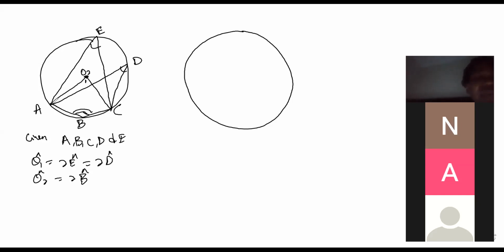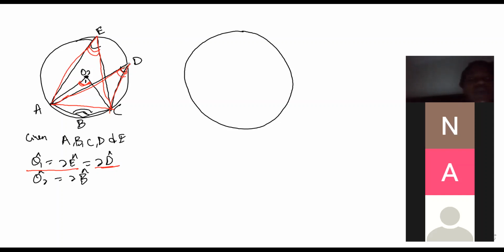An arc is just a piece of the circumference. So if you see arc AC subtends angle E, it also subtends angle D, where I'm highlighting. So the angle at the center is twice the angle at the circumference. That's why O1 is 2E and is also 2D. I'm not going to do a proof because that requires a lot of time.